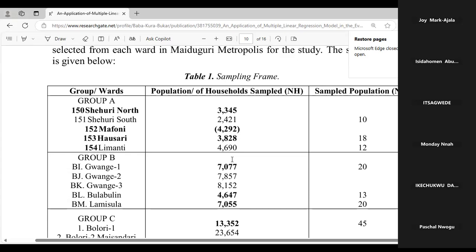Now, why are we now saying sampling frame? He now said households sampled, which one is population of households, population of households sampled? What is that one? And then here, sampled.